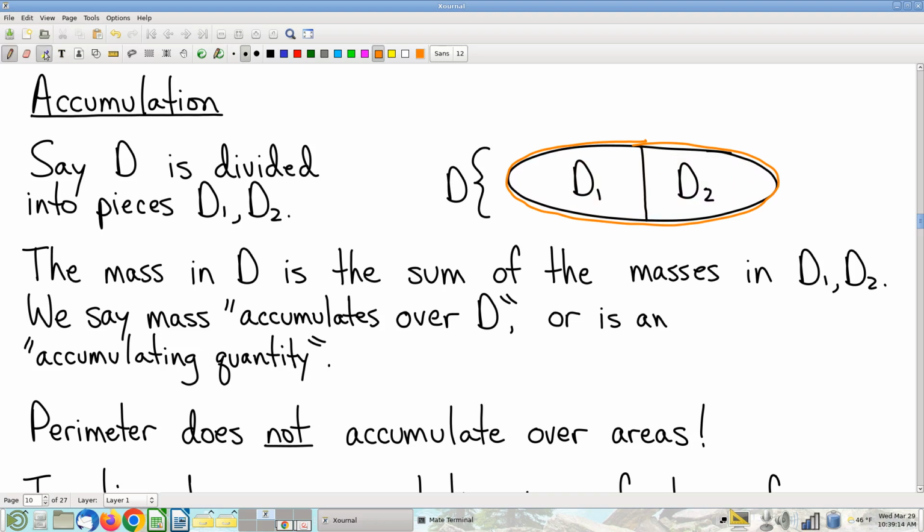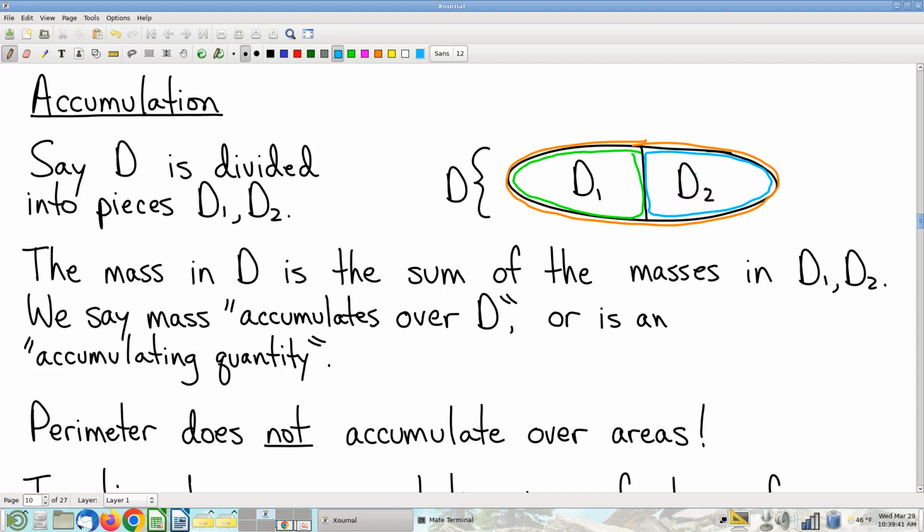If I were to look at this left side, its perimeter is this green distance. If I were to look at the right side, the perimeter is this blue distance. And now let's just kind of look at the picture.